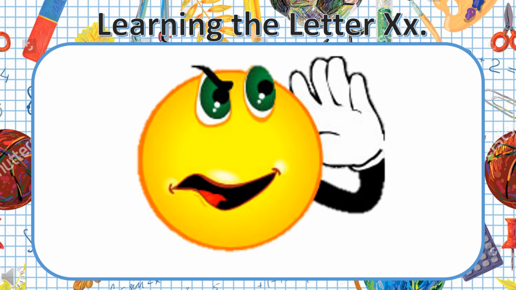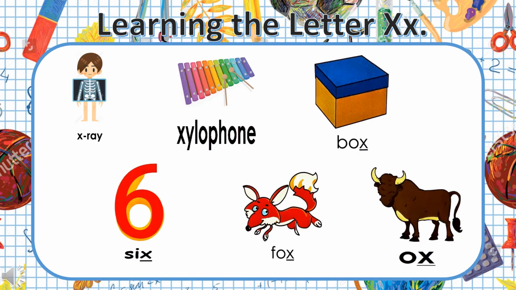Now we're going to go through the X words that we learned at the beginning of the lesson. Please listen carefully for the X sound depending on where it is in the word. Listen carefully. X-ray. Xylophone.